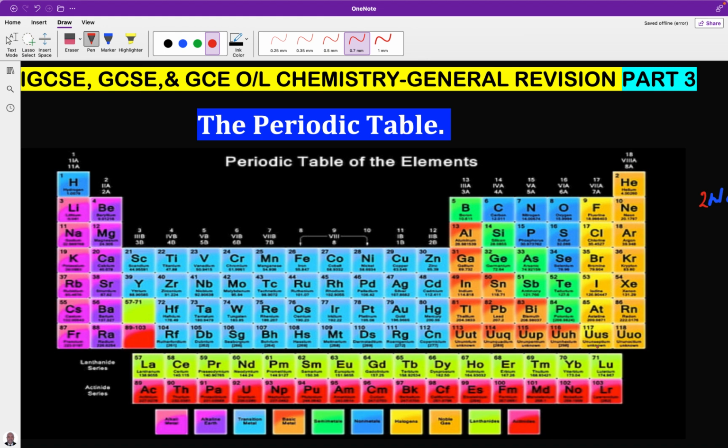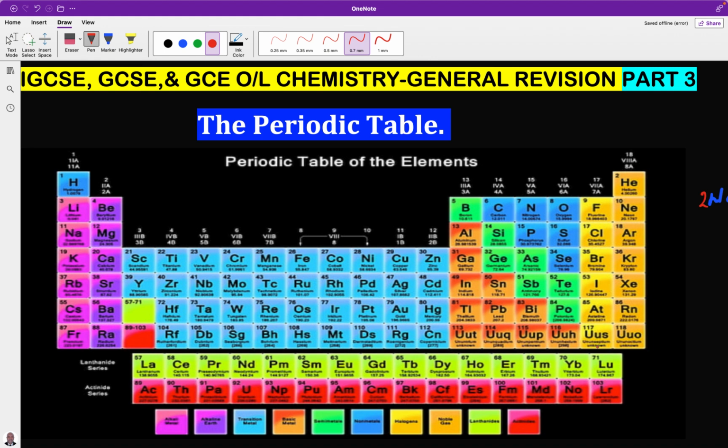As I said, they are arranged in order of increasing proton number. For example, fluorine has 9 protons, chlorine has 17 protons, and bromine has 35 protons as you go down the group.